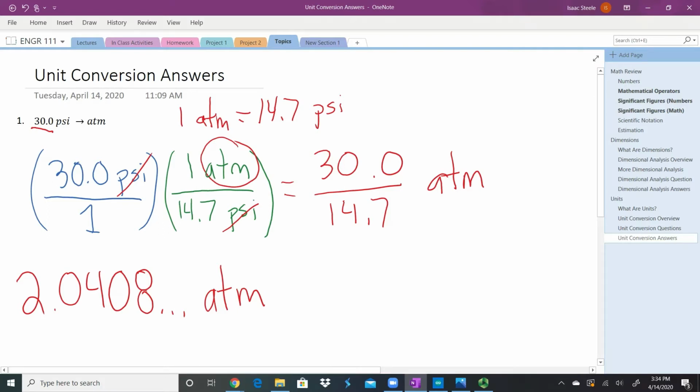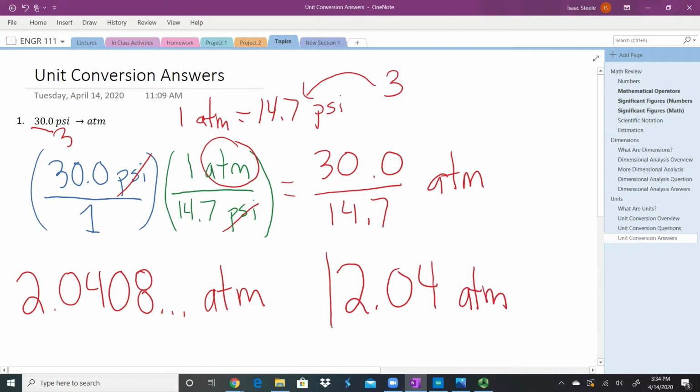So therefore, this original number has 3 significant figures. This one also has 3 significant figures, which means my final answer needs to have 3 significant figures. And there's my answer. So let's move on to the next one.